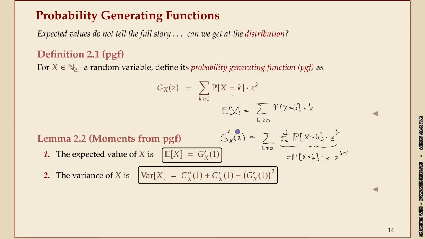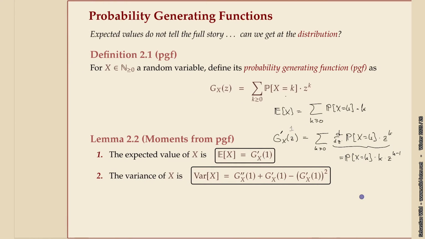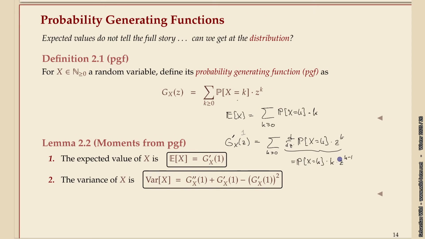So if I was to insert 1 here instead of the general z after taking the derivative, then this goes away. So the whole thing is kind of just gone. If I strike it through, can you still see it? I think it's clear what happens. And then this is just the definition of the expected value if you keep the whole thing with the sum in front.